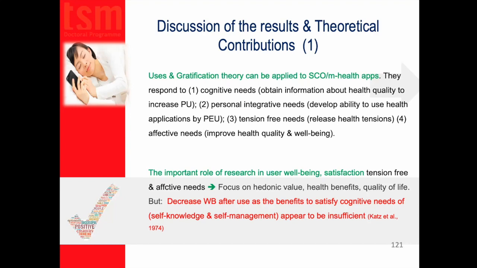But the degrees of well-being after use and the benefits to satisfy cognitive needs appear to be inefficient. It means, as I just said, that unfortunately this app does not increase well-being, which is related to the app, not to the importance of the concept.